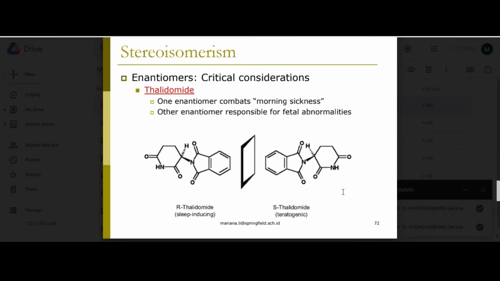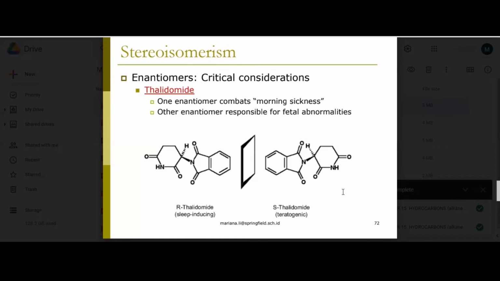Thalidomide, the R isomer, acts as a sleep inducer, but the S isomer is teratogenic, and this is responsible for fetal abnormalities.